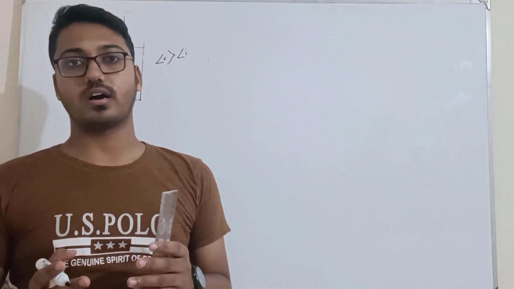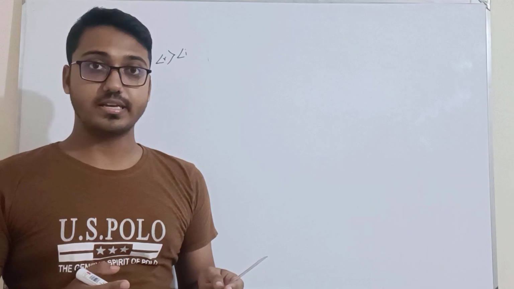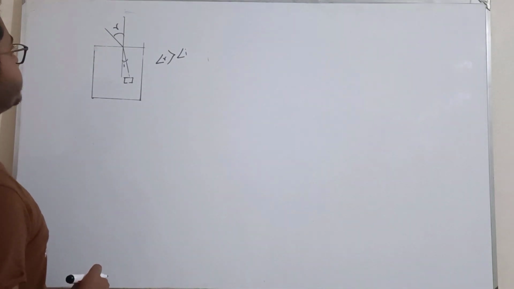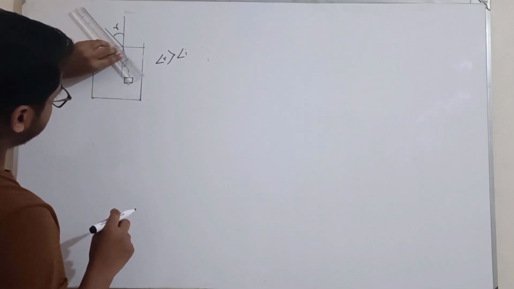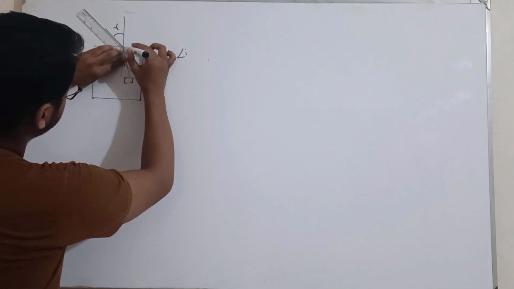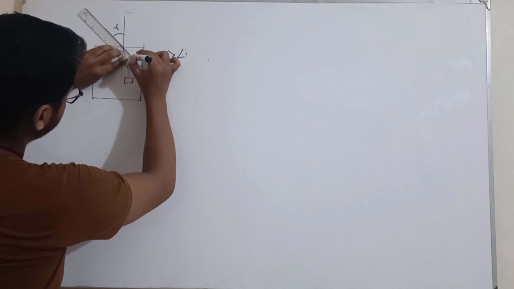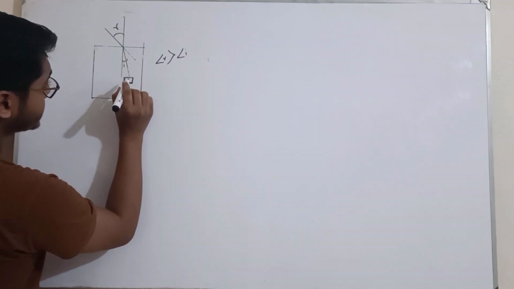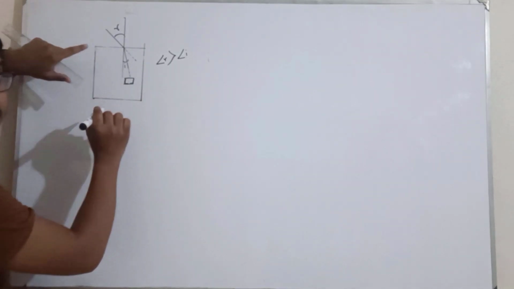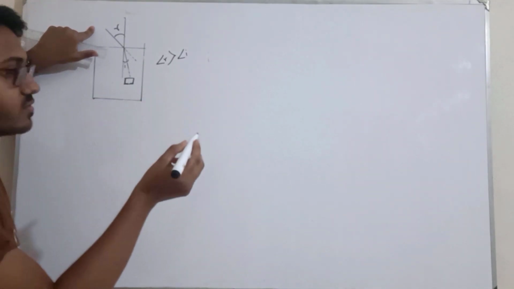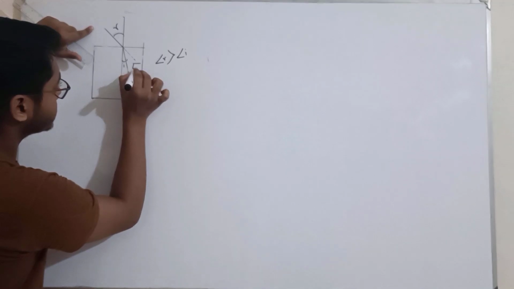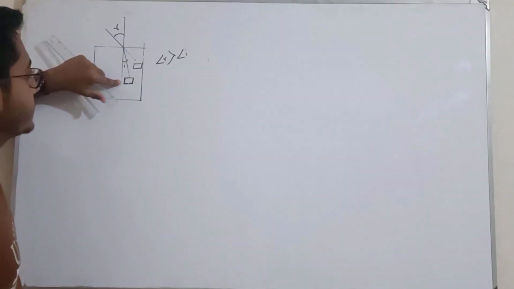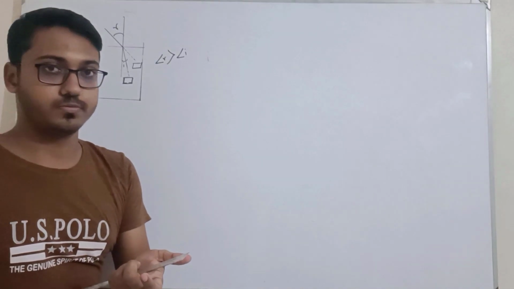Because the light is traveling from a denser medium to a rarer medium. Now if I extend this line, the object which was actually here will be seen by the person outside of the pond in this position. So this is the actual position of the object and this is the apparent position of the object.